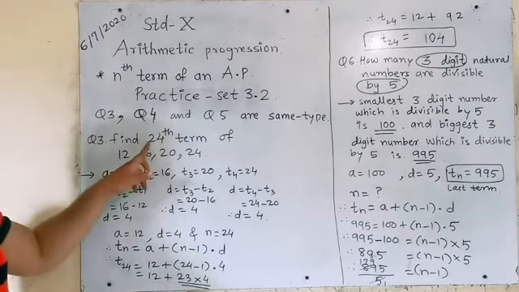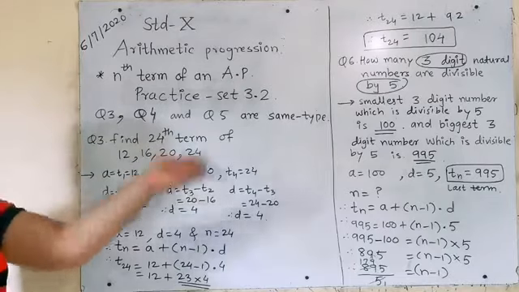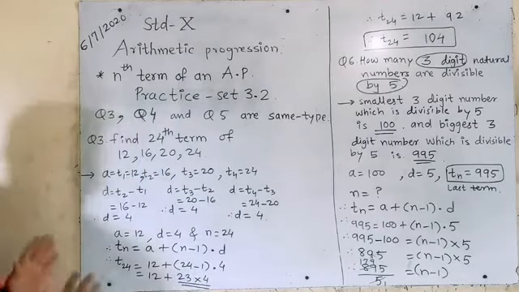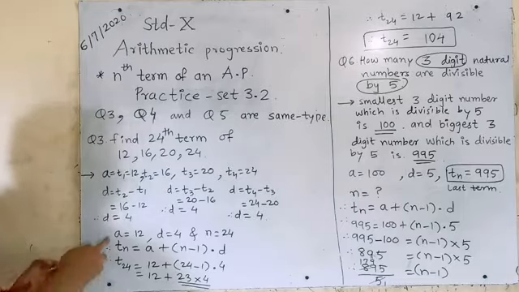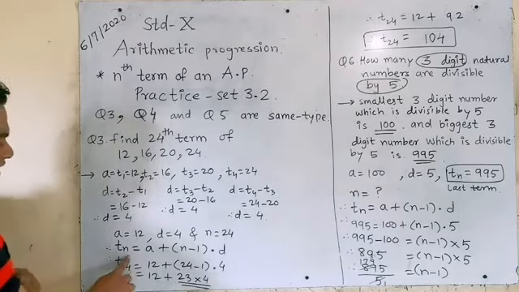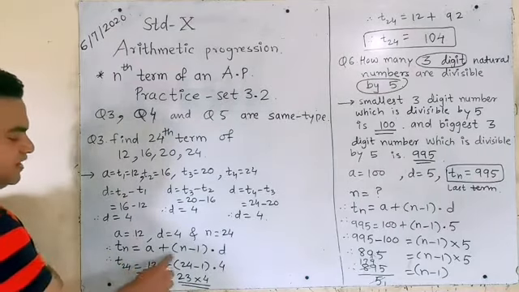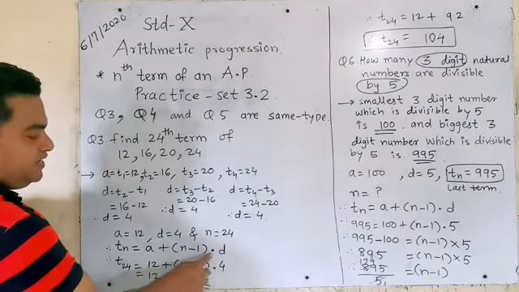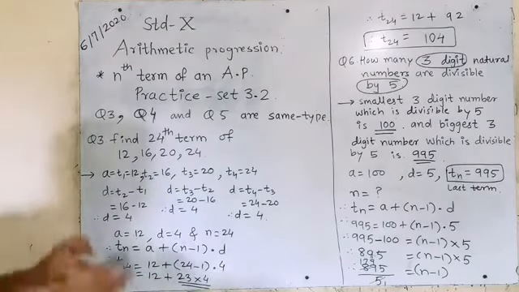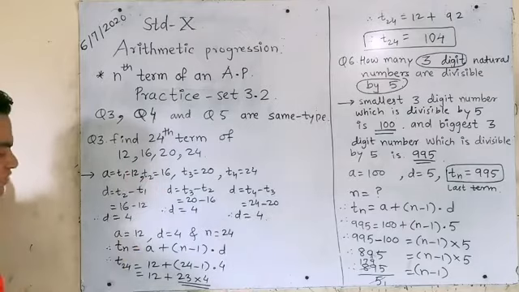And now we have to find the 24th term. To find any term, we know there is a formula: Tn is equal to A plus bracket n minus 1 bracket complete into D. Now we have to put the values where required.